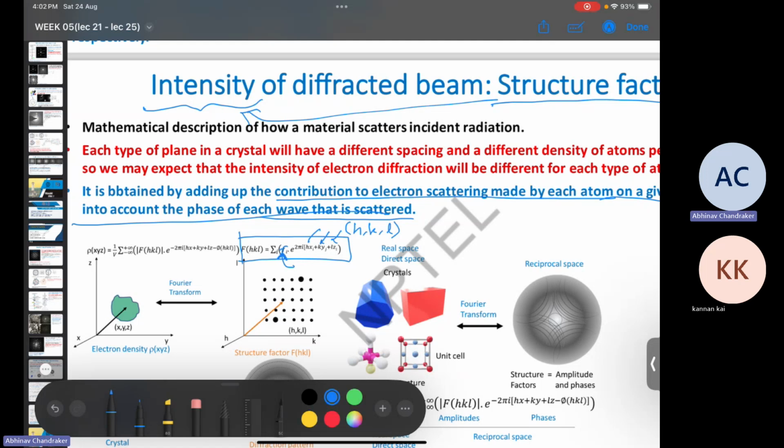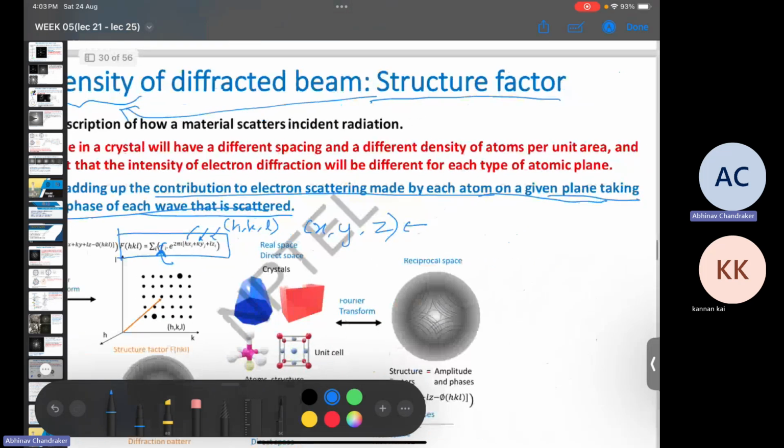So hkl is your plane of interest, and xyz are the positions of the atoms in your unit cell.